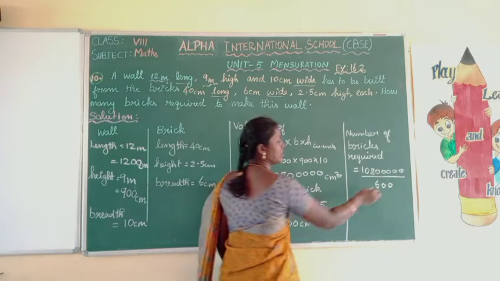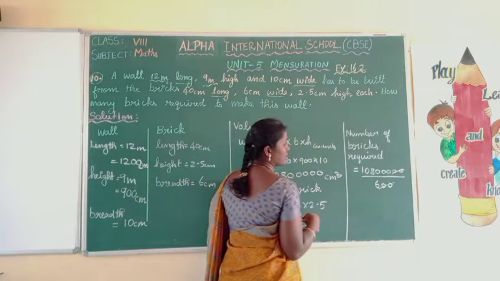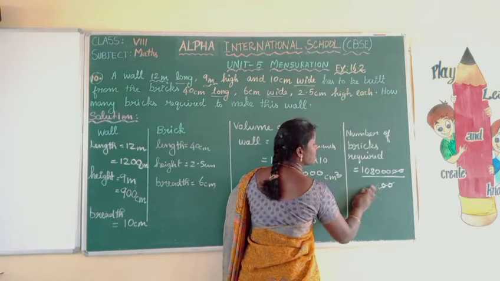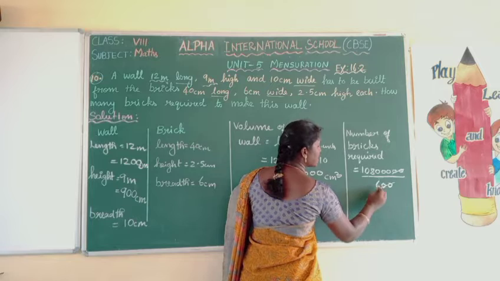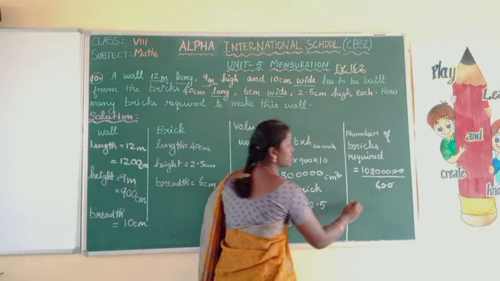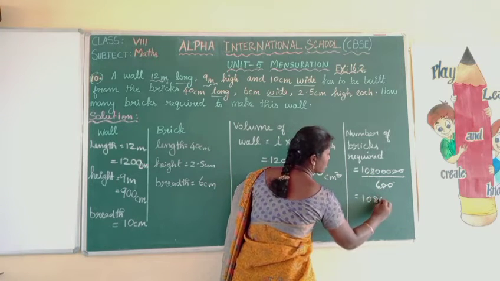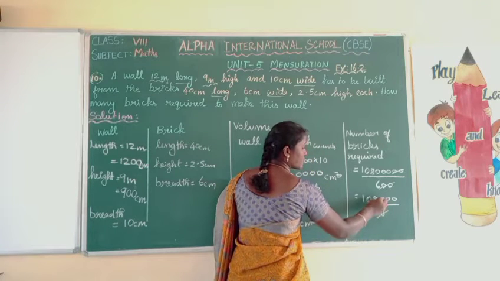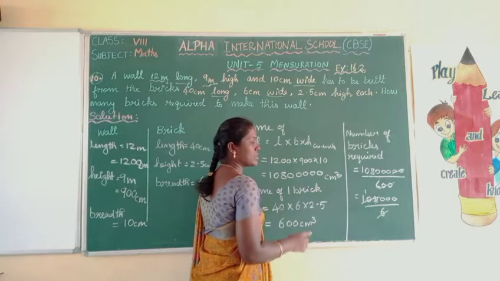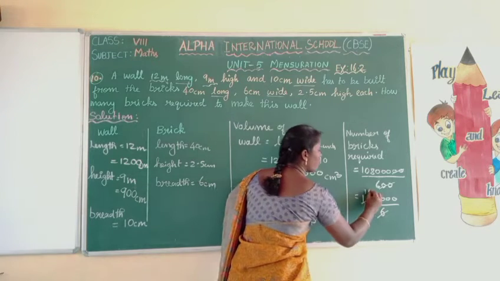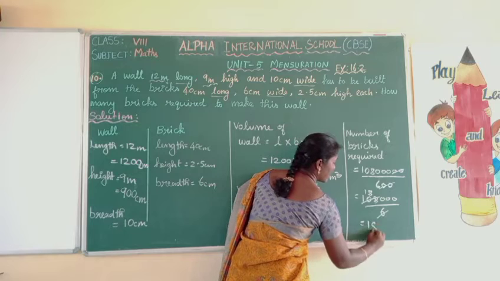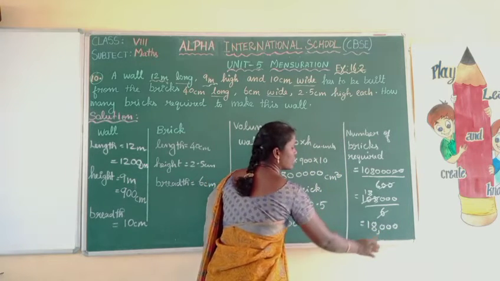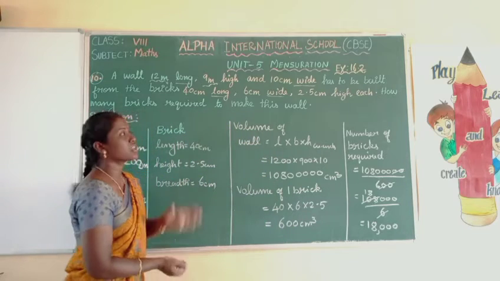Two zeros get cancelled, and the remaining is 108000 by 6. If I simplify by 6 directly, the value is 18,000. So how many bricks are required to construct the wall? 18,000.